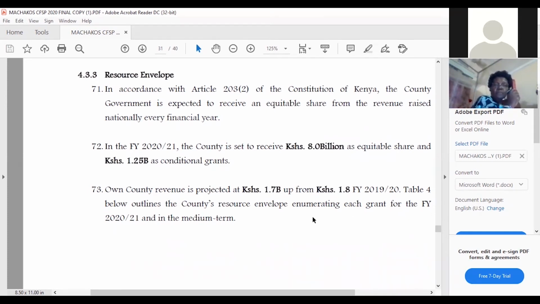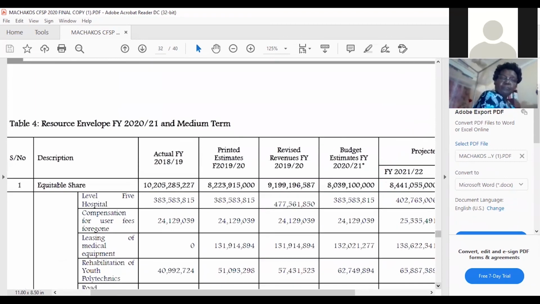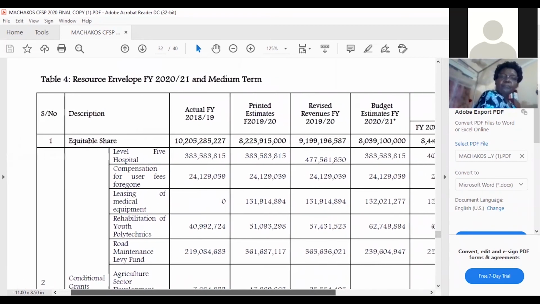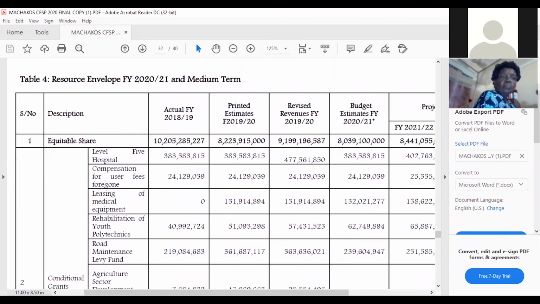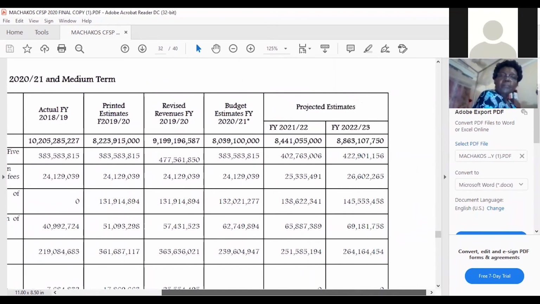So table 4 below outlines the county resource envelope enumerating each grant for the financial year 2021 and in the medium term. So you can see here, these are the projections that the county is expecting to get even for the next 2 financial years. So you can see 2021-2022, 2022-2023. All right, you can see it here.